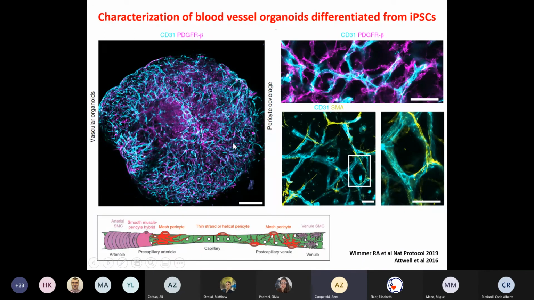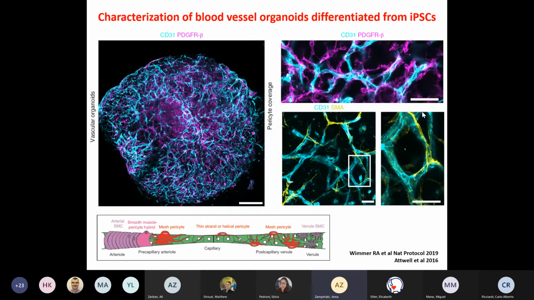The diameter of the vessels that we get points to capillary formation. These capillary structures, as shown here, are part of the microvasculature. So the blood vessel organoids actually recapitulate the microvasculature.